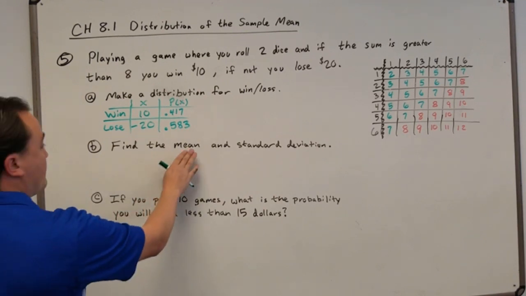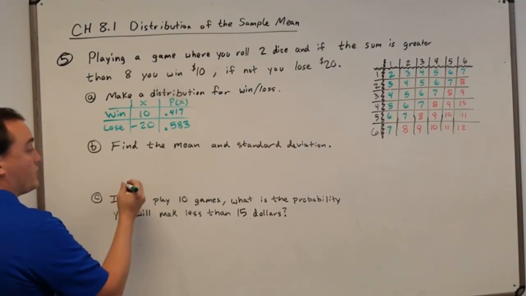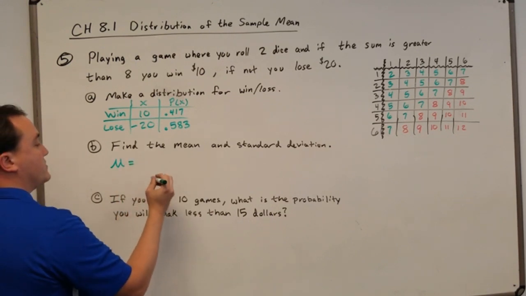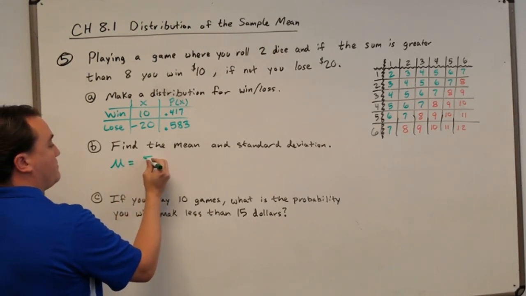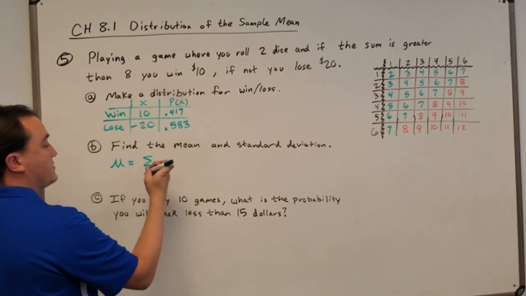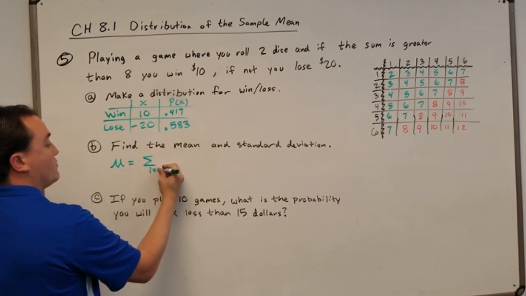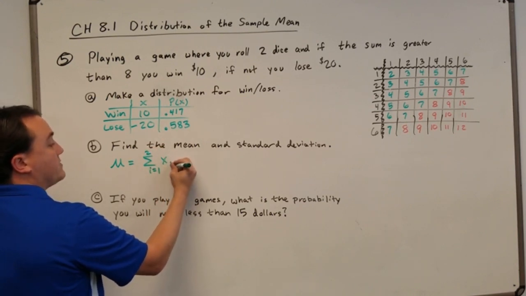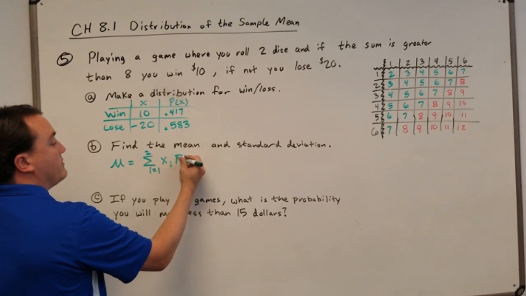Now, if we want to calculate the mean, remember the formula for the mean is mean equals the sum of all of our x values, well, for us it's just 1 to 2, of each x times its probability.